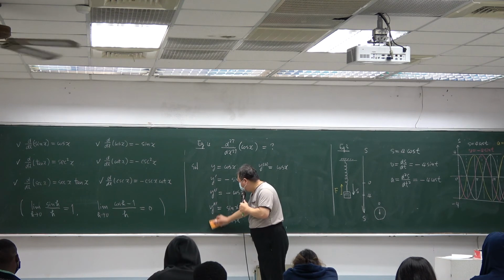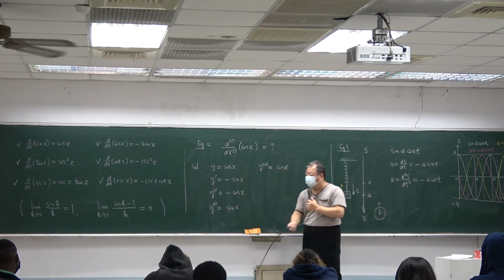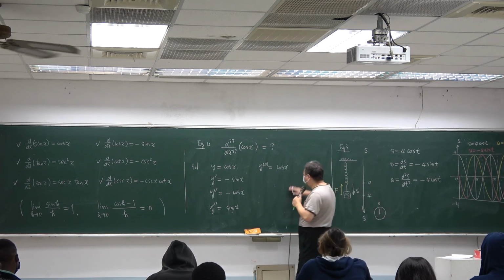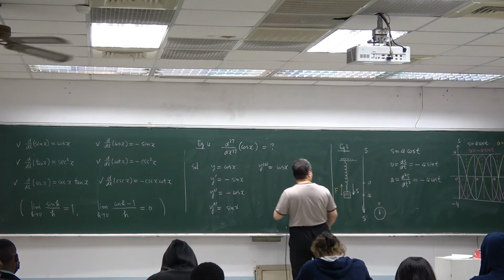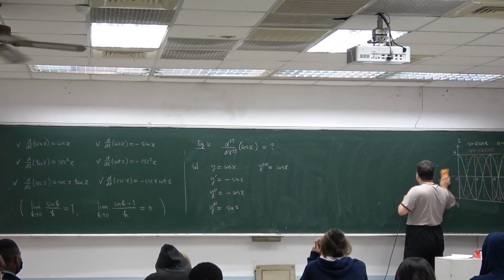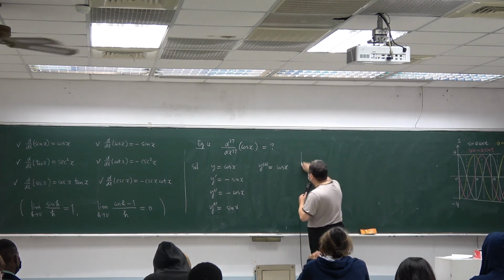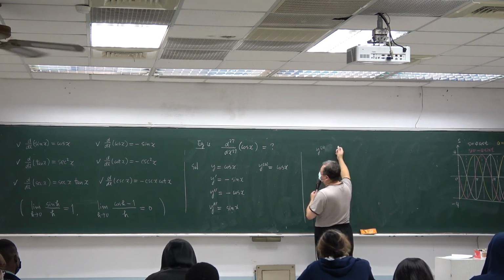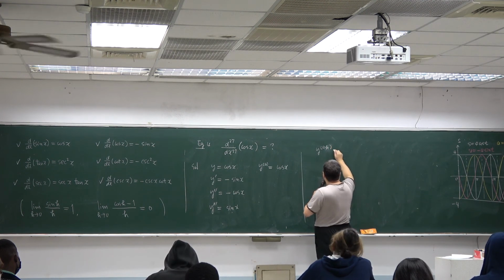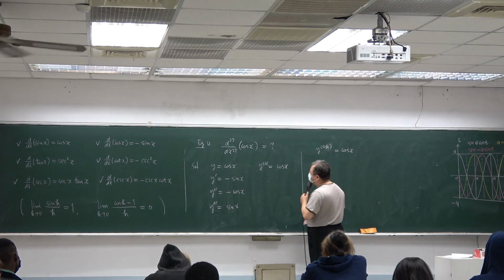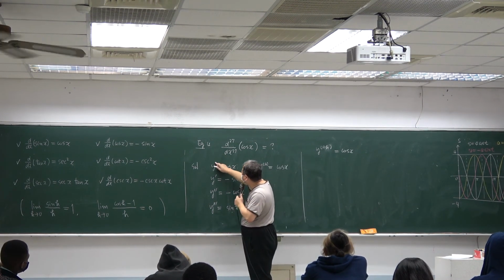So the derivatives are periodic with period 4. So we conclude that the 4k-th derivative of cosine x equals cosine x, if we define this as the 0th derivative.